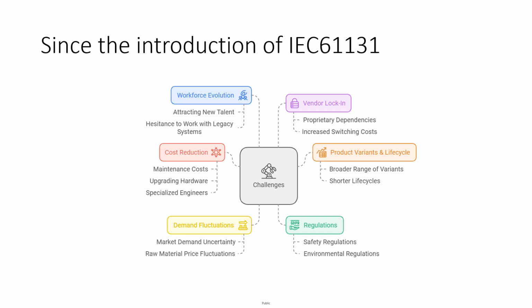This also sometimes means more complex spare parts management. Fluctuating demand, energy, and raw material prices are all factors. Uncertainty in market demand and fluctuations in raw material and energy prices require manufacturing systems to be agile and scalable.